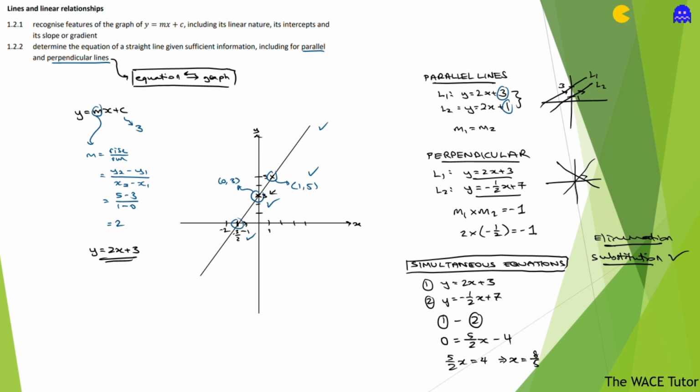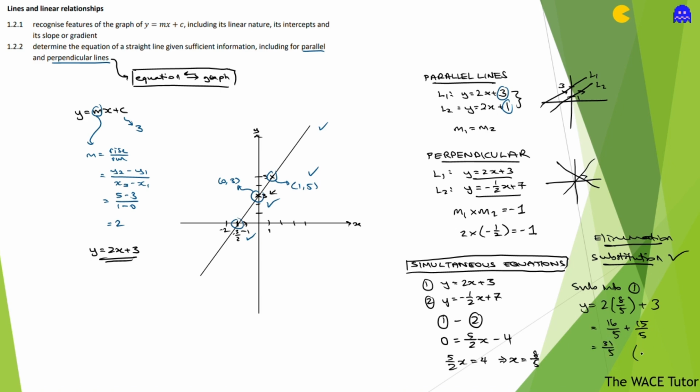Okay? And now substituting that into my equation 1, I get y equals 2 times 8 on 5, and I'll leave it in fraction form in this case, just to shake things up compared to the substitution approach. 2 times 8 on 5 is 16 on 5, plus 15 on 5 gives me 31 on 5.